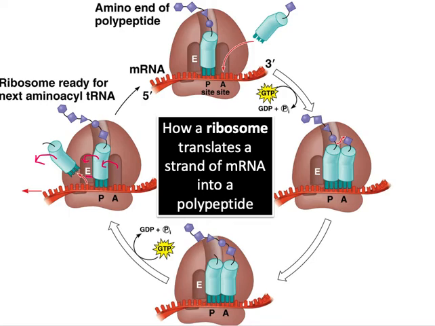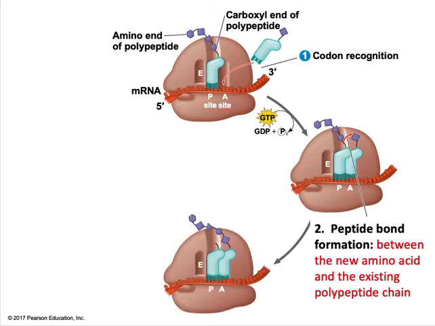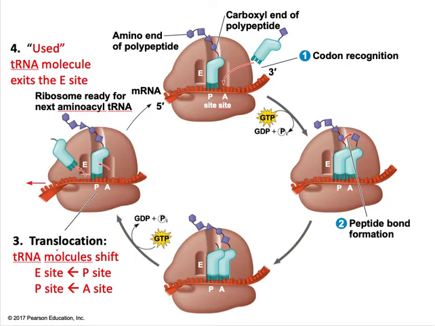All right, so here it is one by one. In the A site, we have the process of codon recognition occurring. And then the next thing that occurs is peptide bond formation between the new amino acid and the existing polypeptide chain right here, and this is going to involve the use of energy in the form of GTP. And then finally, what happens is translocation.